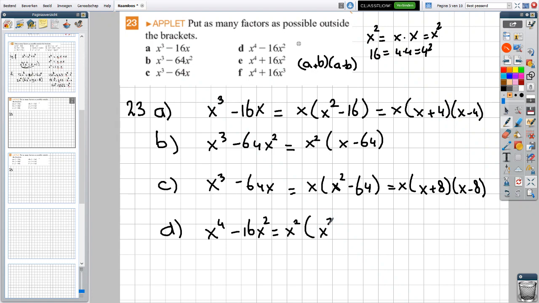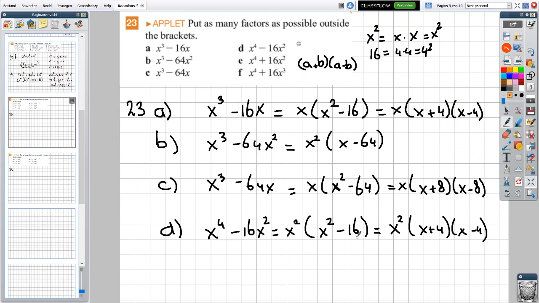I'm left with x squared minus 16. In this case, you can now say, oh, okay, this is still a square. So you can rewrite this as x plus 4, since the square root of 16 is 4, and x minus 4.